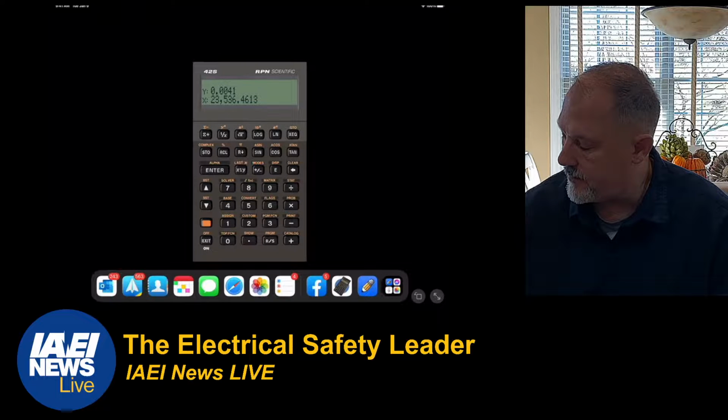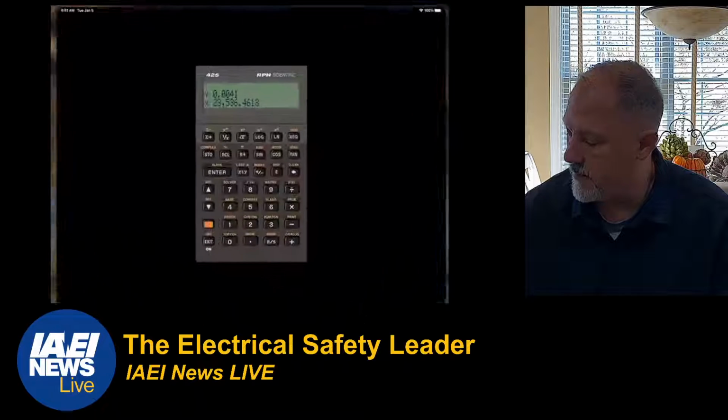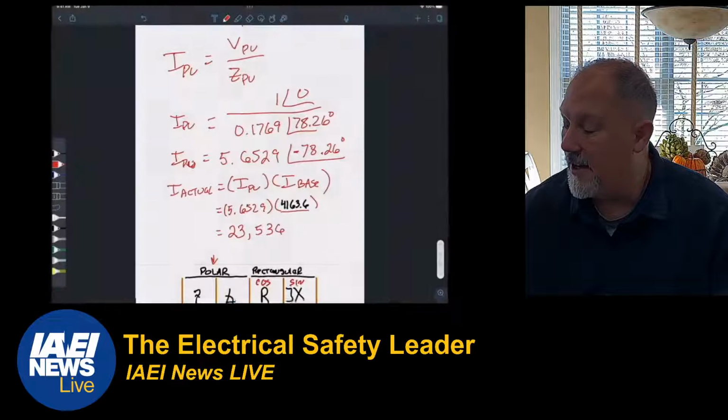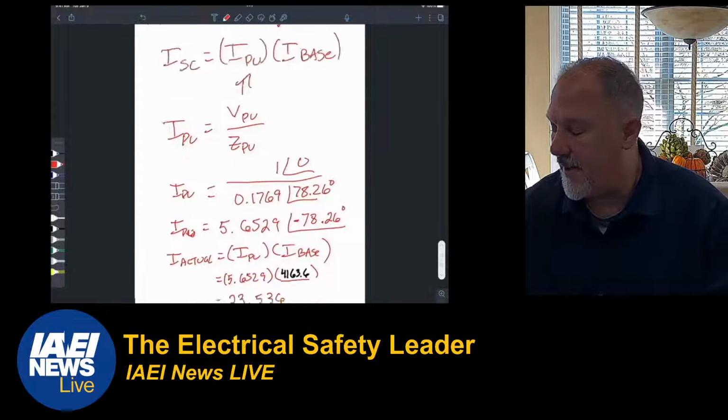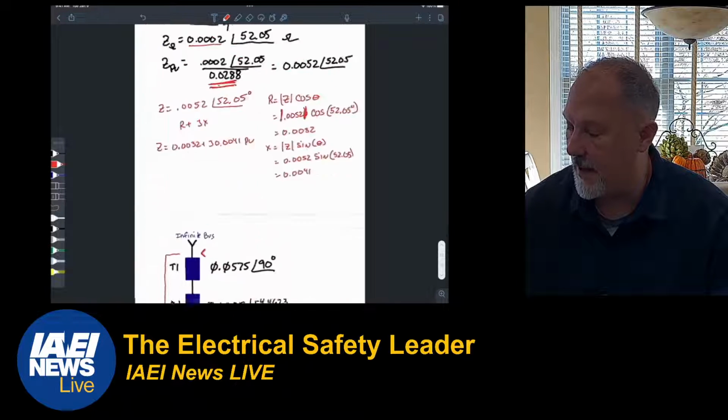23,536. Yep, 0.5. But we're not going to worry about the 0.5. In fact, we'll say this is 23.5 kiloamps.